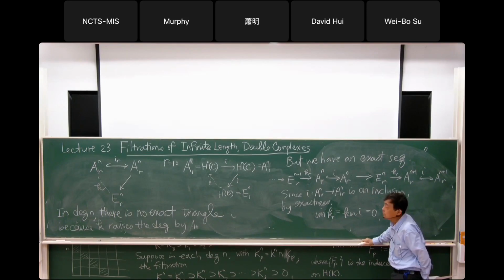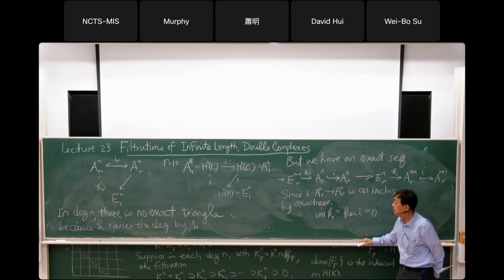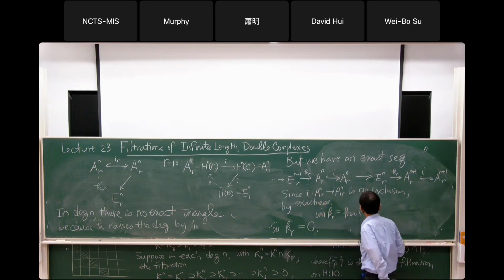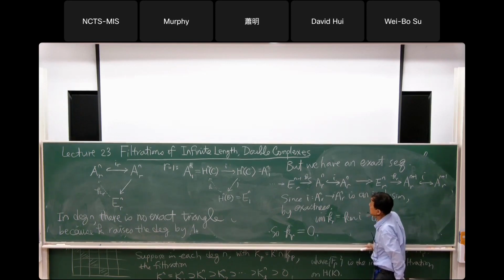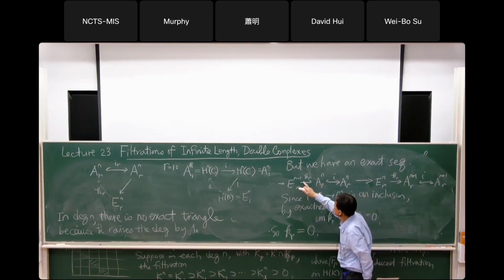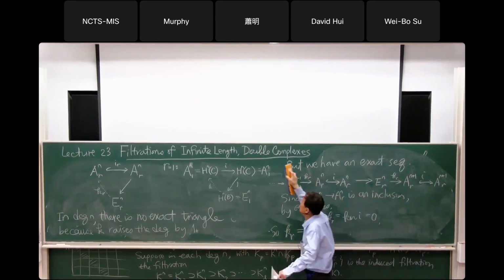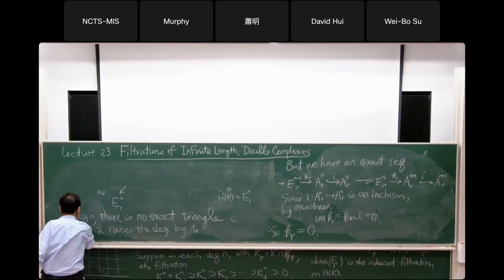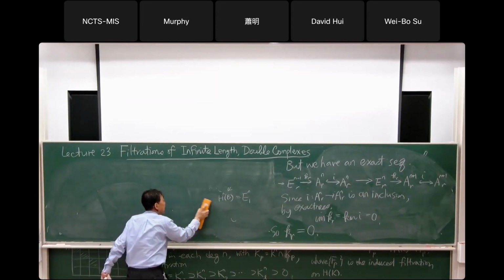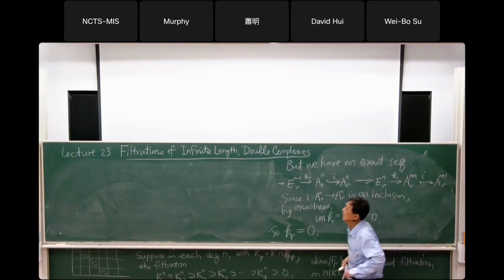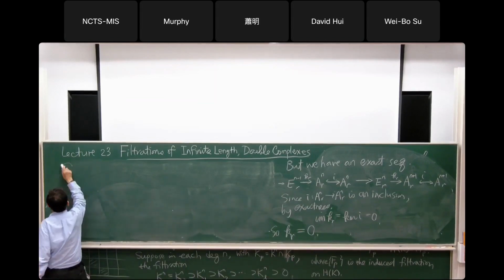So what does that say about K^R? It's a 0 map. So K^R is a 0 map. And that means you can start with 0 here.